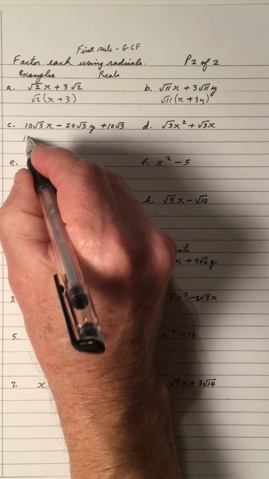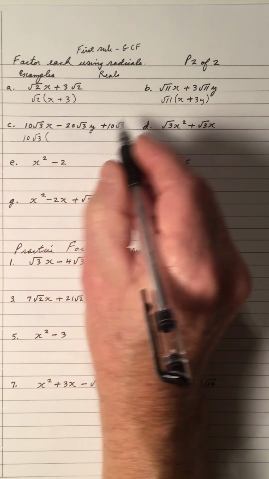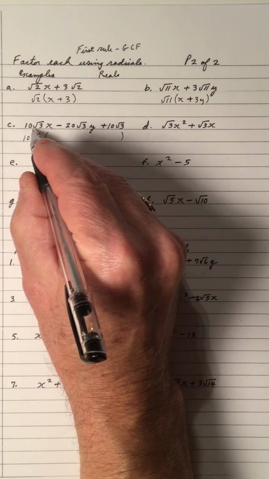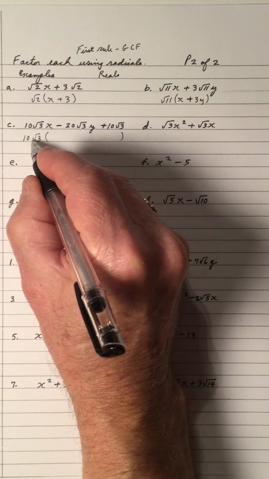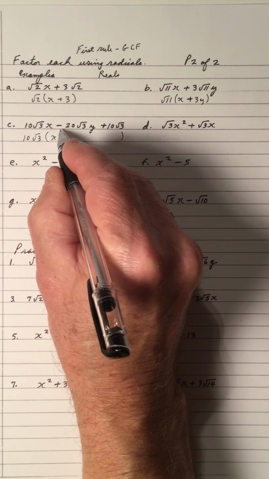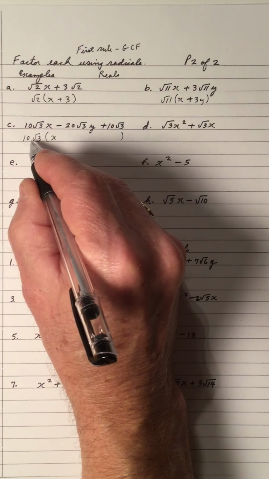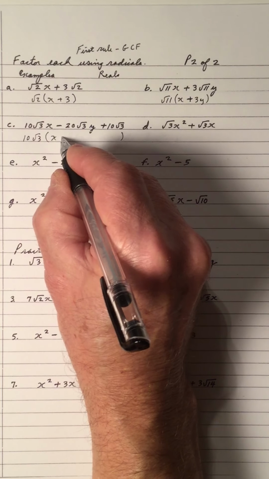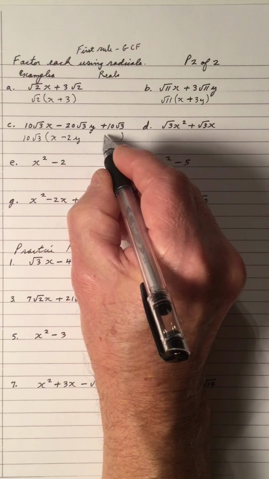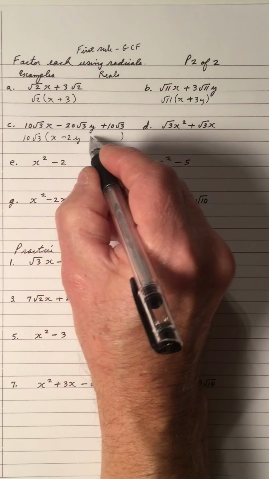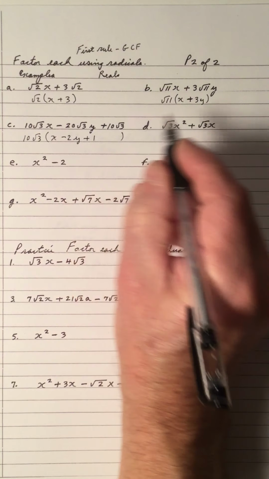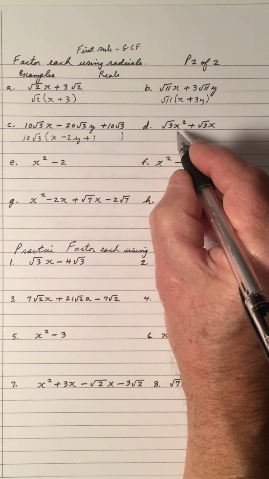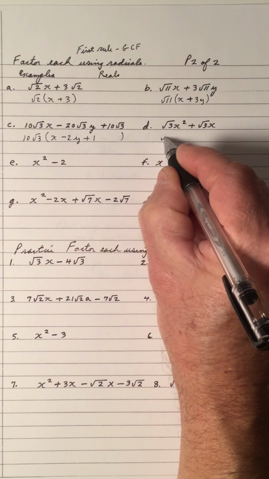In C, I'm looking through and I see root 3 in every term, and I see a 10 as a factor. So I see a 10 root 3 as a GCF. So 10 root 3 x divided by 10 root 3 is x. Negative 20 root 3y divided by 10 root 3 is negative 2y. And 10 root 3 divided by 10 root 3 is plus 1. And we also have a root 3 in each term.